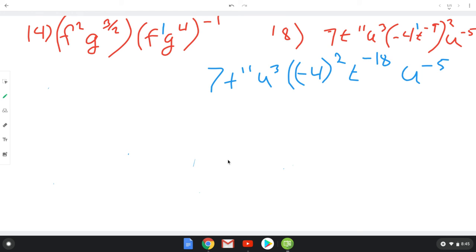And we still have u cubed, t to the 11th, 7, t to the negative 18, u to the negative 5. Okay, now we can combine things that have the same base. We can also combine regular numbers that don't have exponents. So I can do 16 times 7, and I can combine my t's, and I can combine my u's.